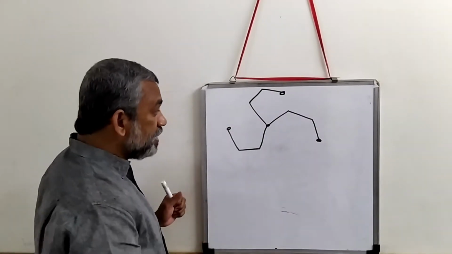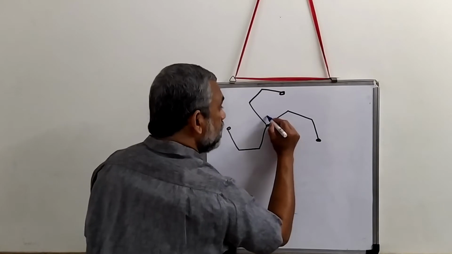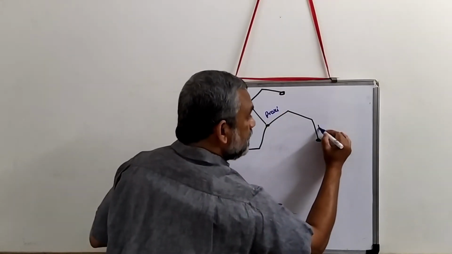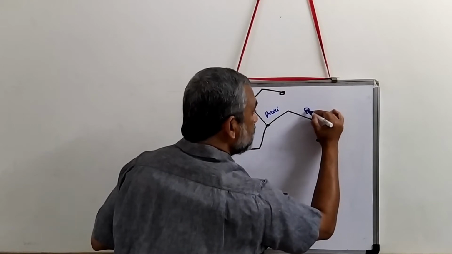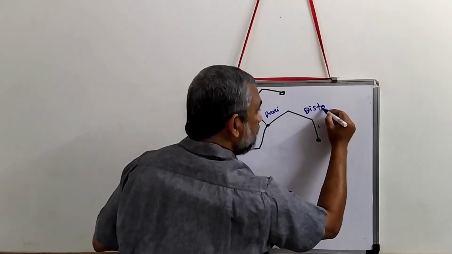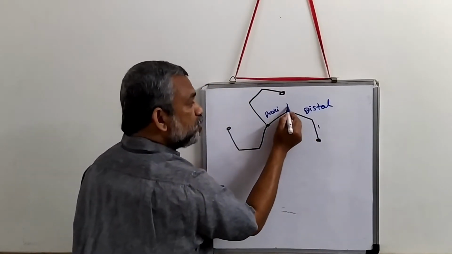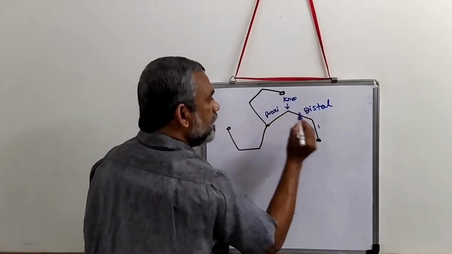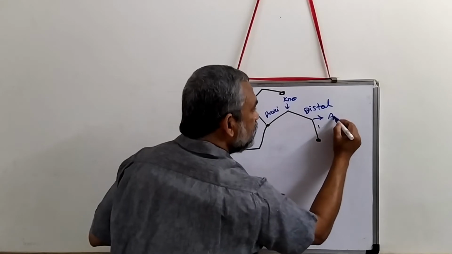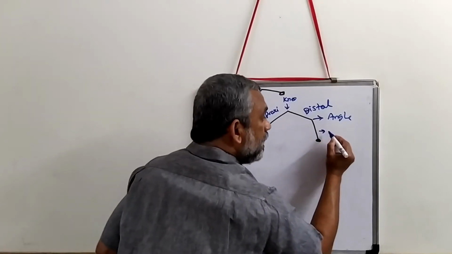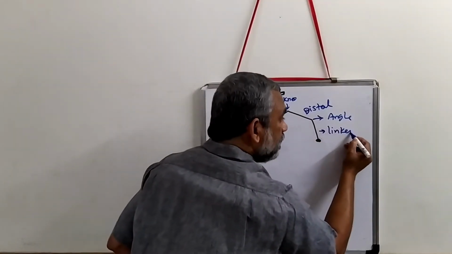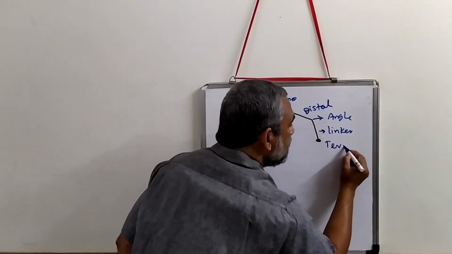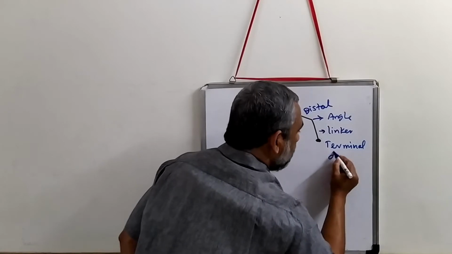What is evident here is it has a proximal subunit, it has a distal subunit, and this is what we call a knee region, and this is an angle region. This is called a linker. And finally, this is called a terminal domain.